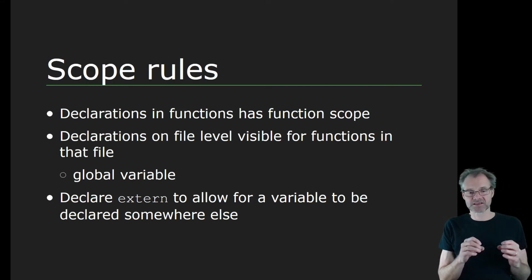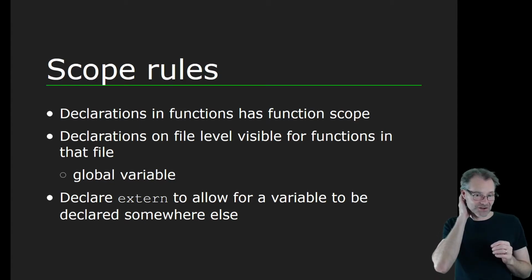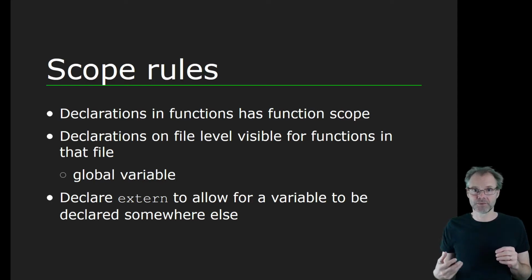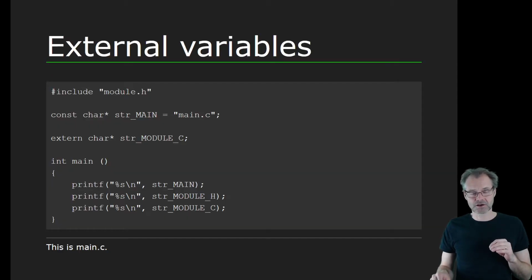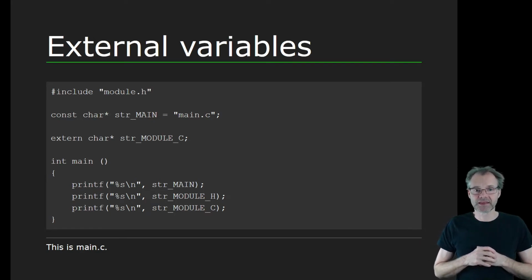So you declare it as extern, and then you can use it in any place in this executable. So it's for sure a very global variable that we create. So this was function scope and file scope, and even the global scope.